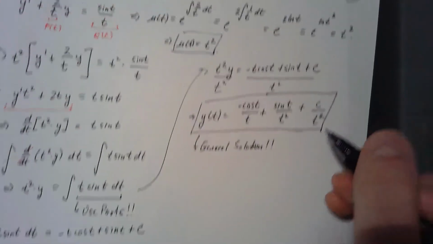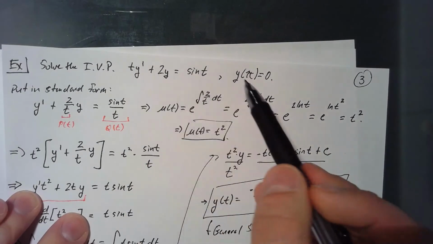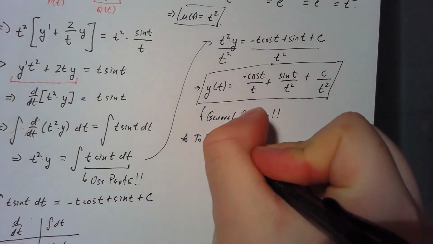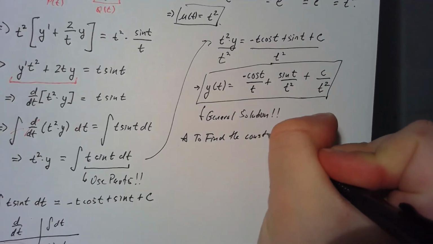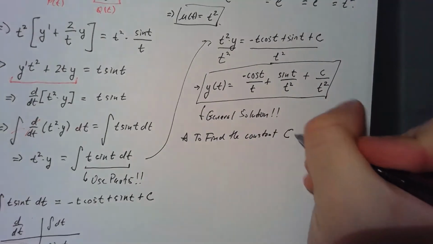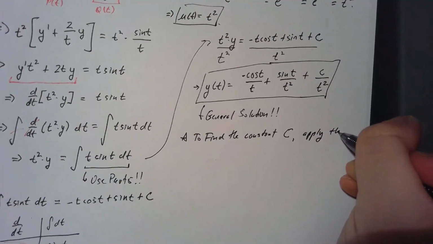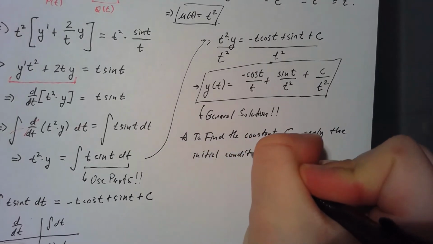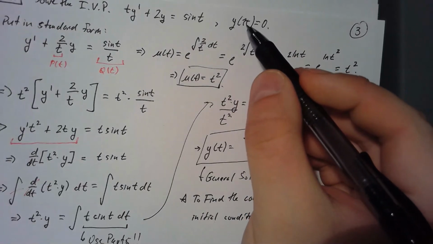But I'm not done. This was an initial value problem. I have an initial condition. So to find the constant c, apply the initial condition, which is y at pi equals 0.